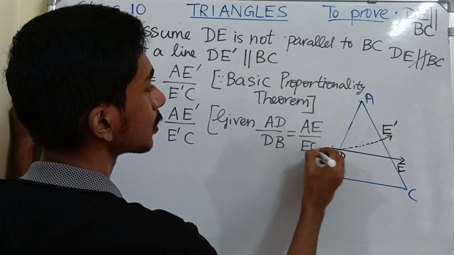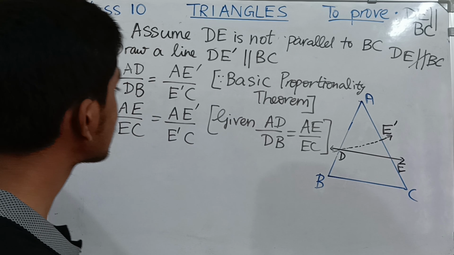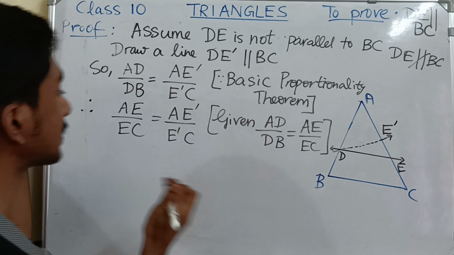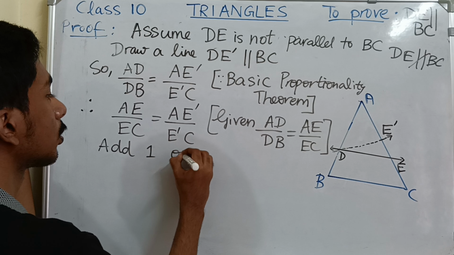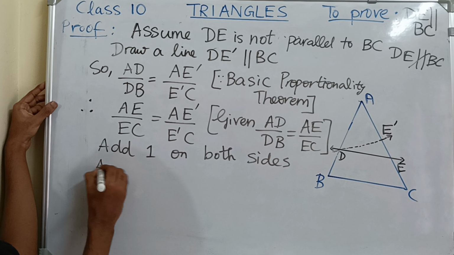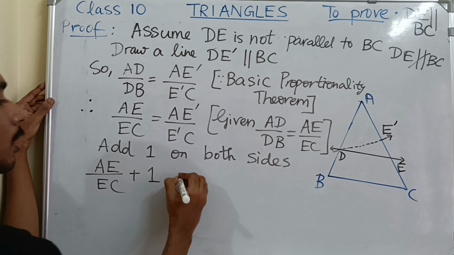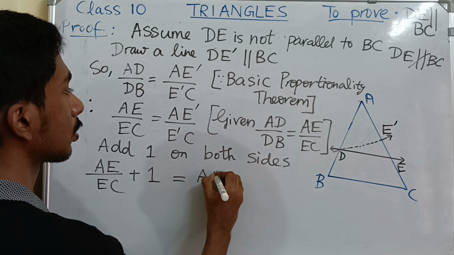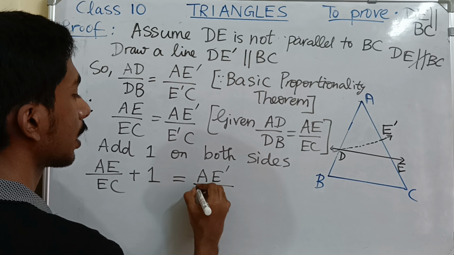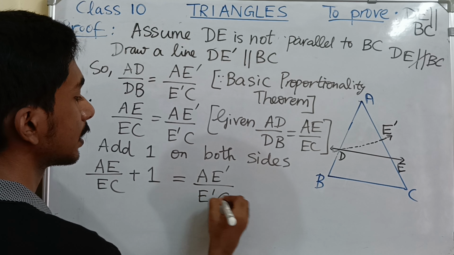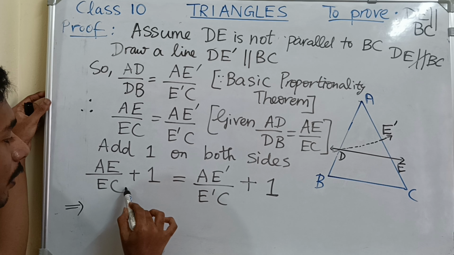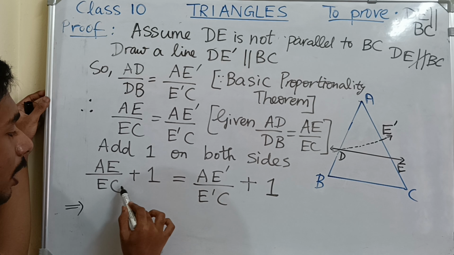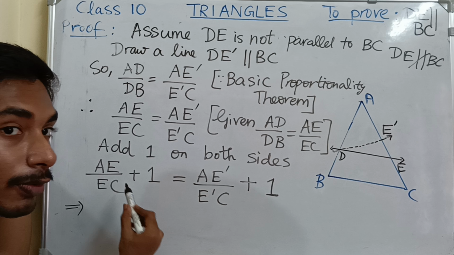Now the next magic I'm going to do is add 1 on both the sides. Let's see what happens. So AE by EC plus 1 is equal to AE dash by E dash C plus 1. I will cross multiply because we have a fraction here.